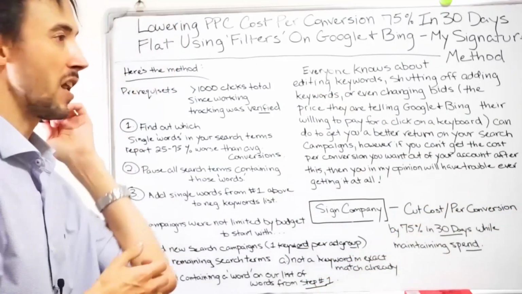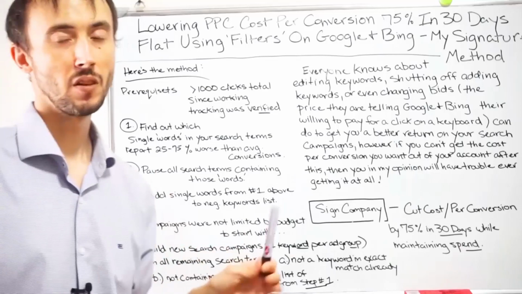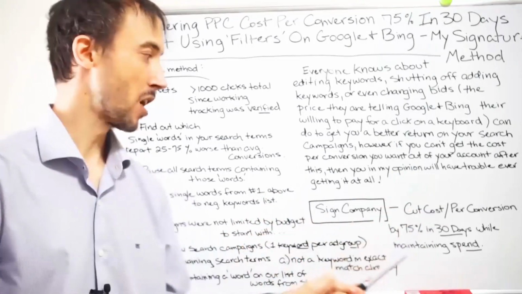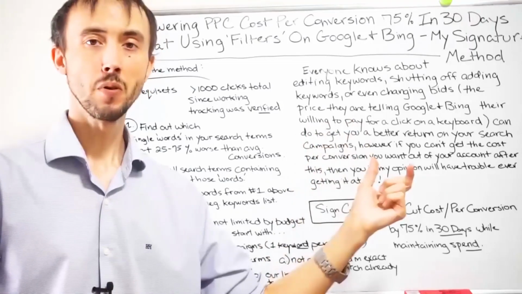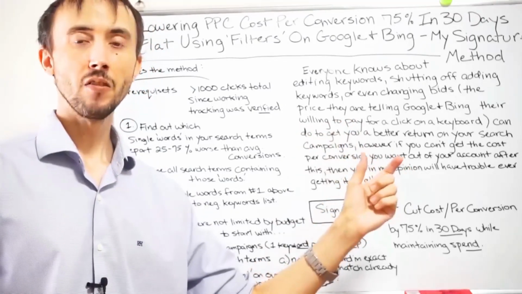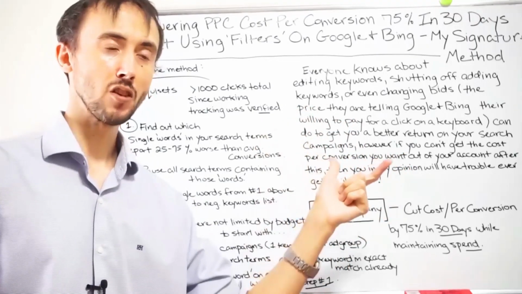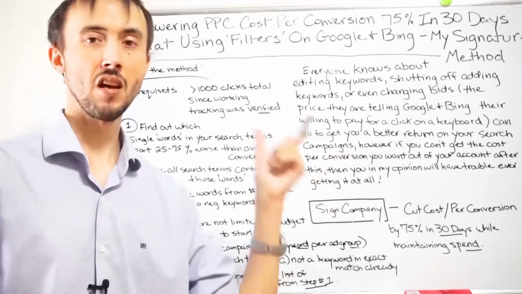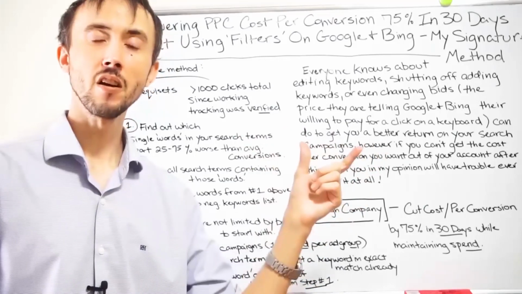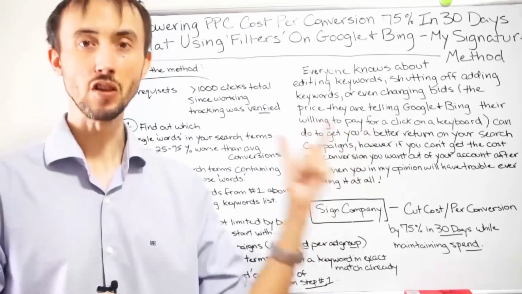So if you find out anybody who types in cheap, let's say in the LED sign company space, if I filter by search term contains cheap and find out that the average cost per conversion is $100, now I know in that situation I won't want any keyword, at the very least, that contains the word cheap in it.